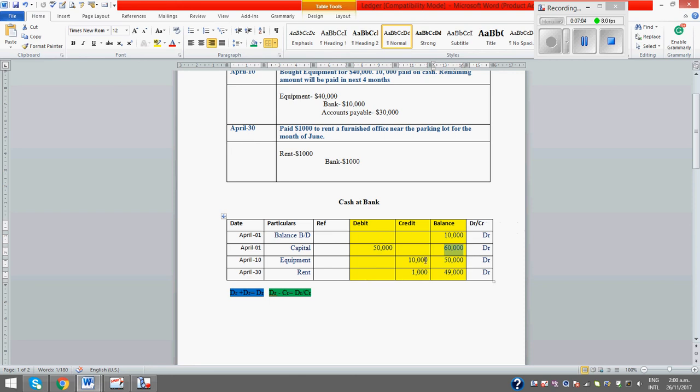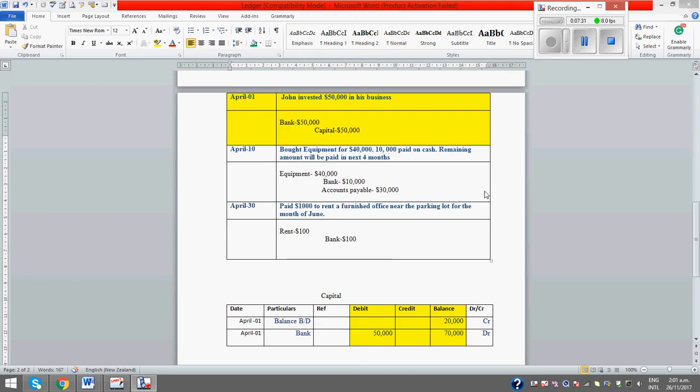Then the business bought equipment for $10,000 paid in cash, so $60,000 becomes $50,000. Same way, the business paid $1,000 for the rent, so $50,000 becomes $40,000.